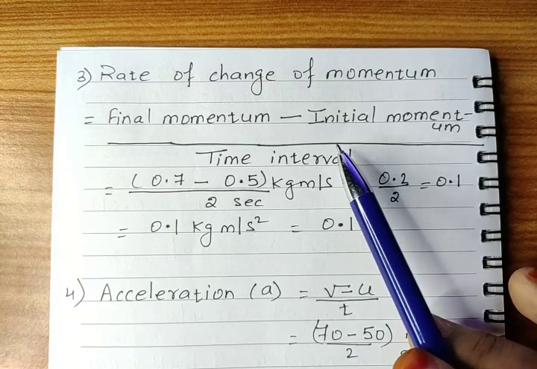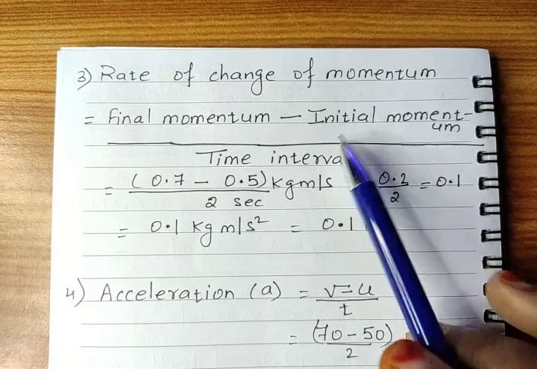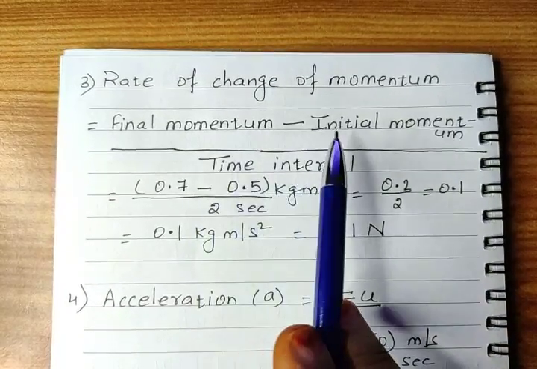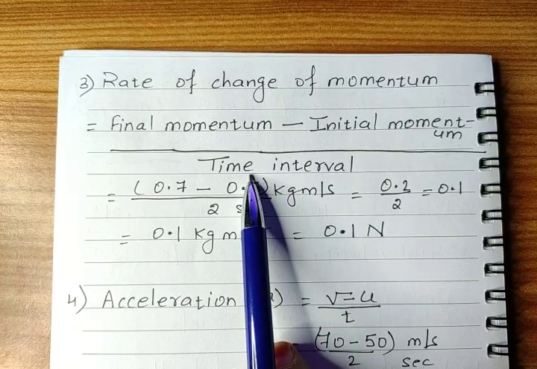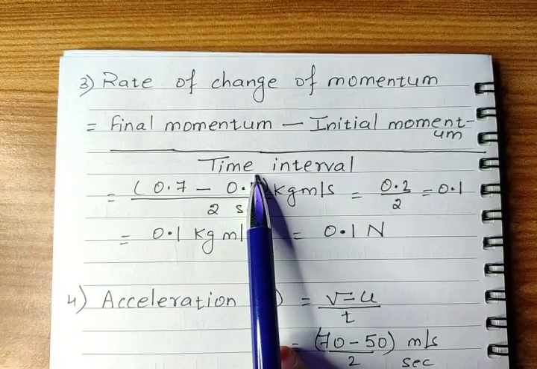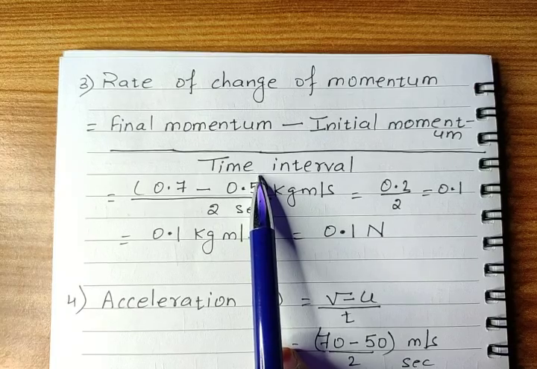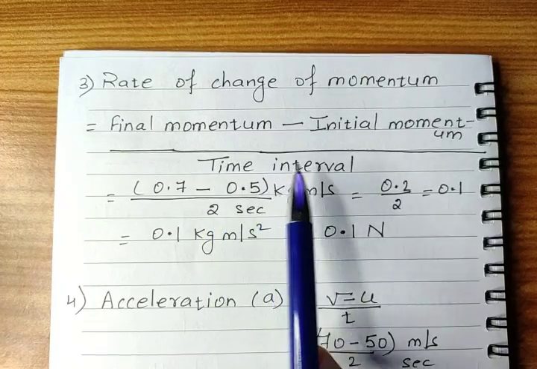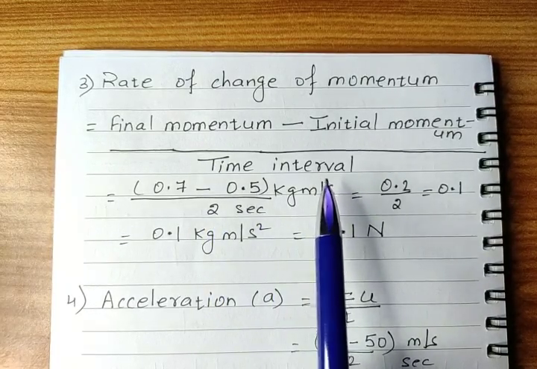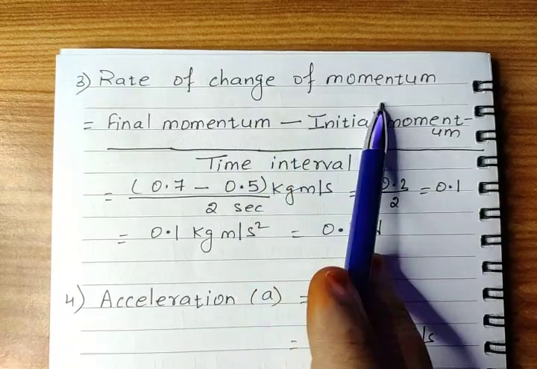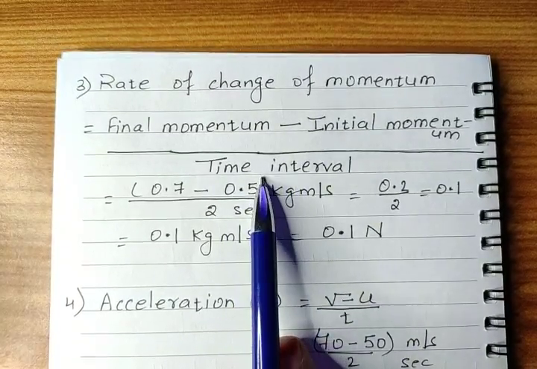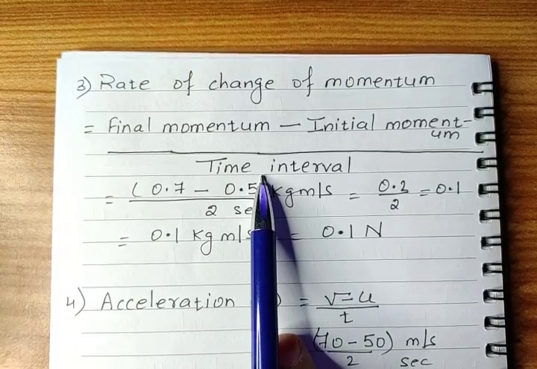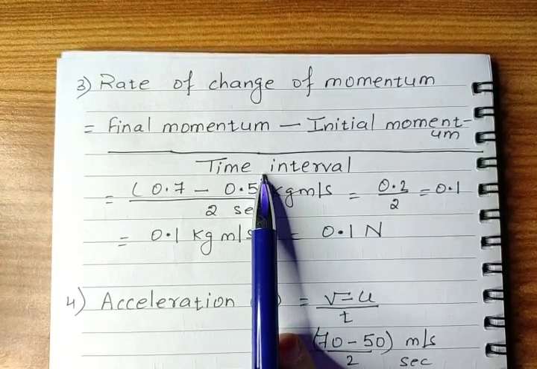So whenever we find rate of change of momentum, we have to find final momentum minus initial momentum by time interval. Okay, so this is a difference you must know. Only change in momentum is final momentum minus initial momentum, but when you have to find rate of change of momentum, final momentum minus initial momentum by time interval will come. Okay children, I hope you understood well.